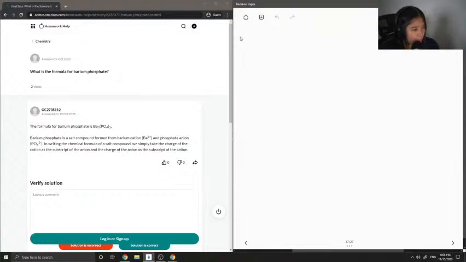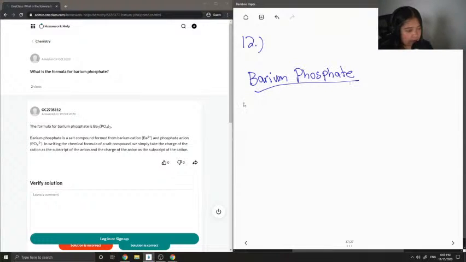Okay, so next is question 12. What is the formula for barium phosphate? Barium is made up of the ion barium, which has a charge of 2+, and phosphate is an example of a polyatomic ion.